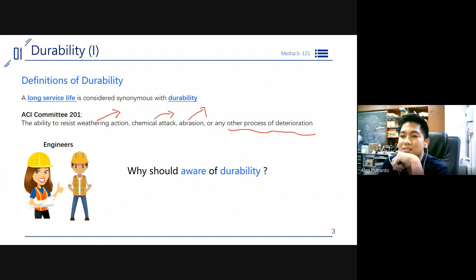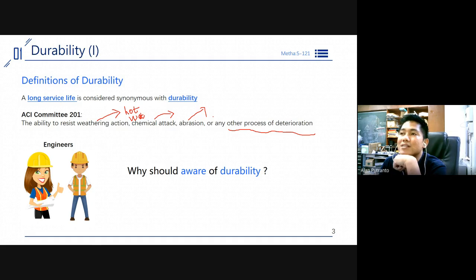Weathering action is about seasonal weather, like hot or wet seasons, rainy or sunny days, which can also impact our concrete. Then chemical attack; later we will discuss what kinds of chemical attack can impact our concrete.